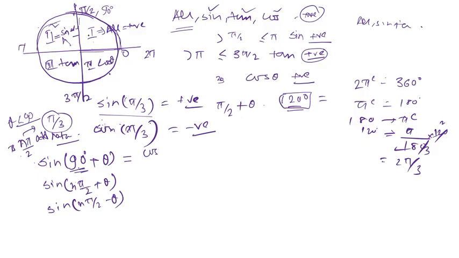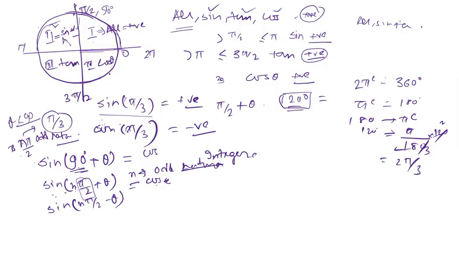So what does n pi by 2 mean? n is an odd integer, sorry, not natural, odd integer. So it will be 1, 3, 5, like that. When there is sine n pi by 2 plus theta, like 1 pi by 2 or 3 pi by 2, where a pi by 2 exists, that time sine will become cos. So now the function will change: from sine it will become cos.